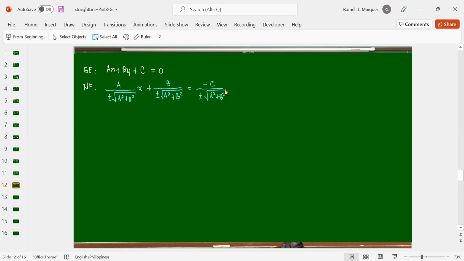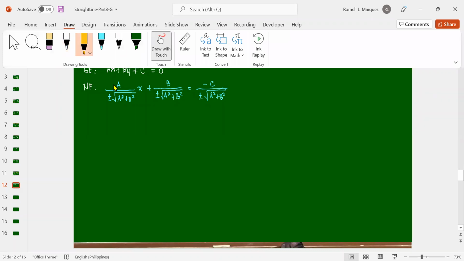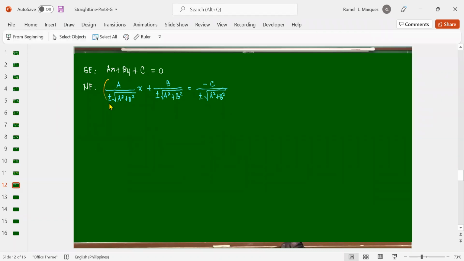Okay, guys? So this is the normal form of what? Of this equation of this line written in the form ax plus by plus c equal to 0. So meaning, this part, the coefficient of x, is cosine beta.